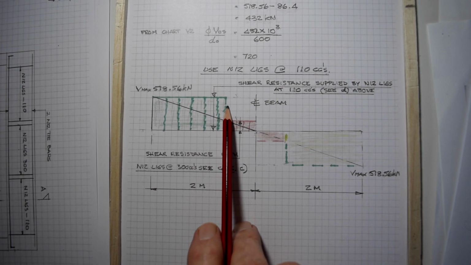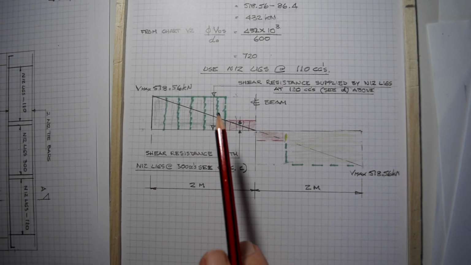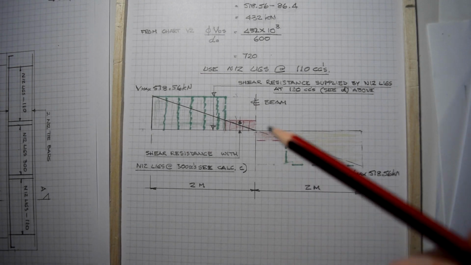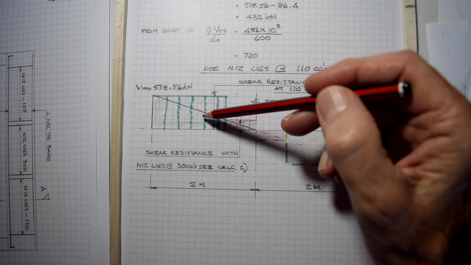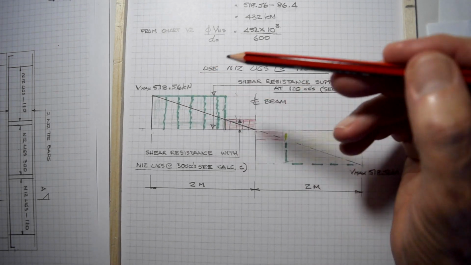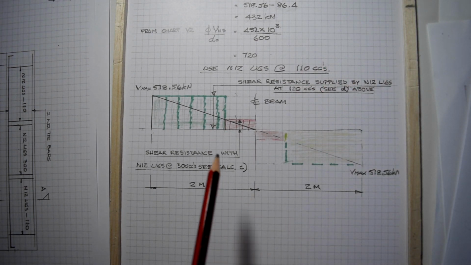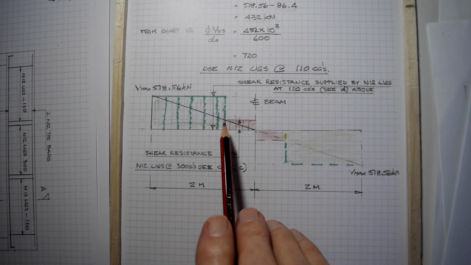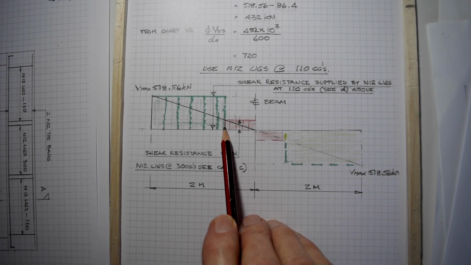And the reason that I've done this particular problem this way, and there are manifold ways of doing these problems, I mean, you could be changing the centers as you went along as the shear stress increased, but I've just simplified this by having two lots of spacings. We've got the N12s at 110 there.